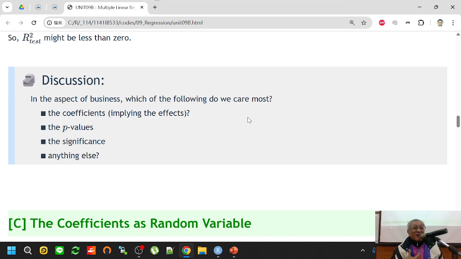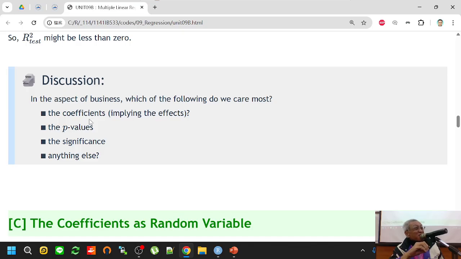The first thing I care about is the coefficient itself, because it implies the relationship. It implies the marginal effect of x toward y.